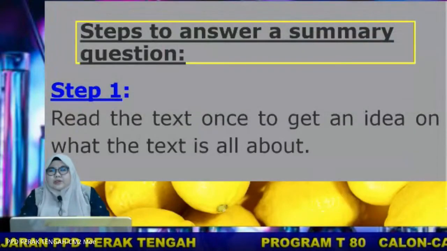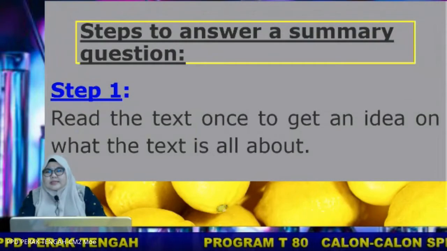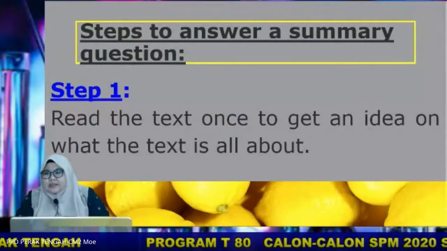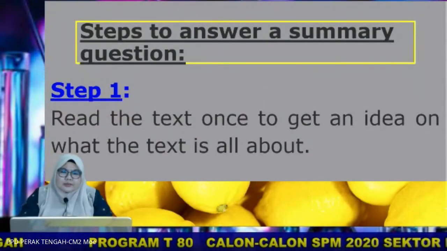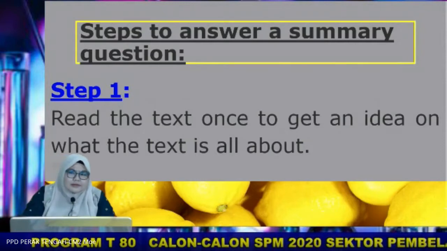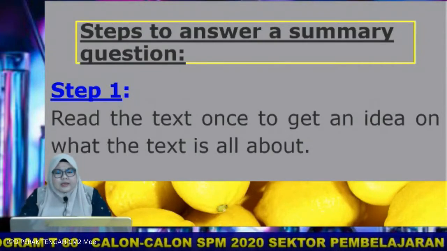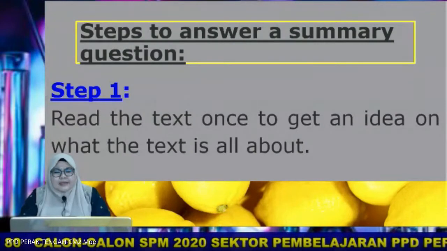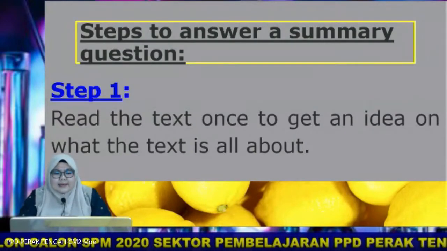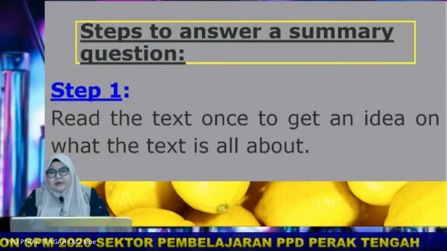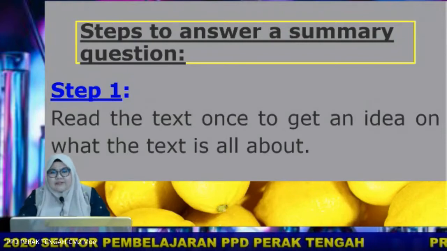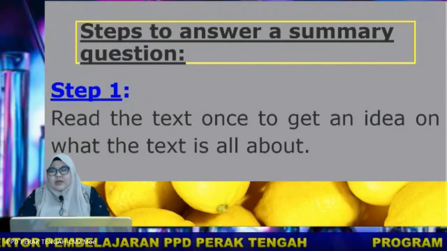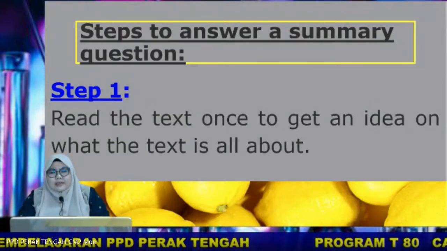Okay, we are going to look at steps to answer a summary question. If no question, I will proceed here with the steps. Step 1. Read the text once to get an idea on what the text is all about. You must read first. You cannot just go directly to find the content points.